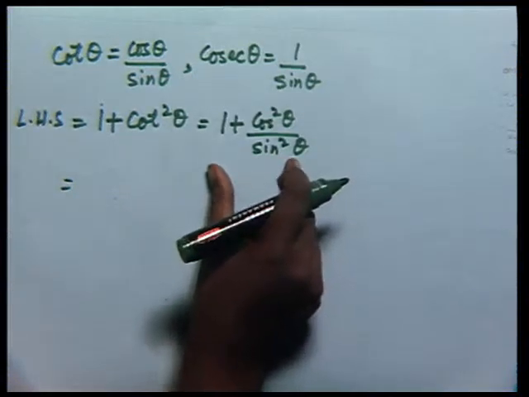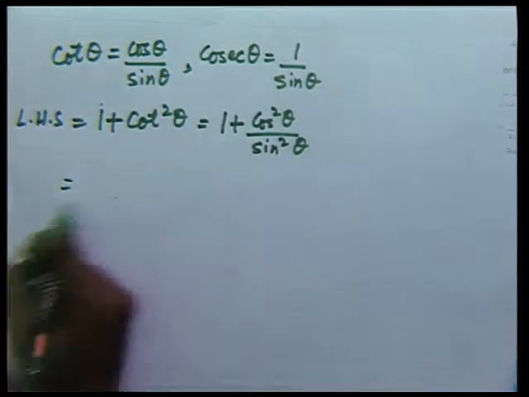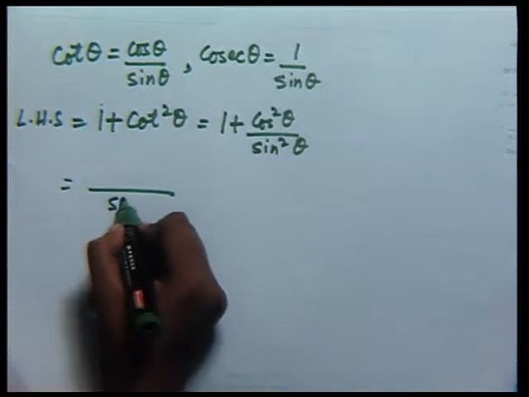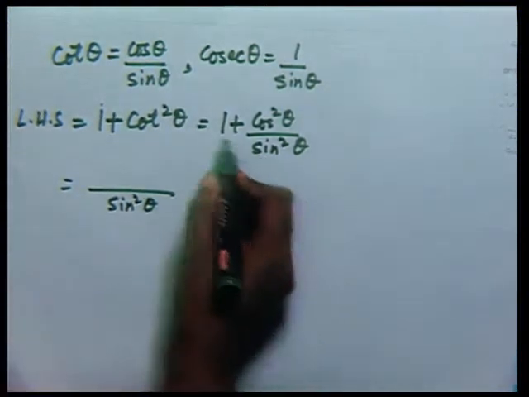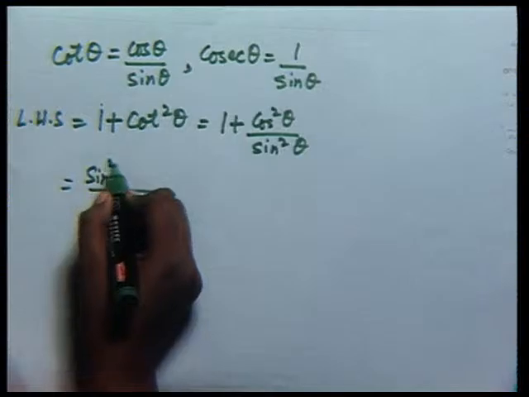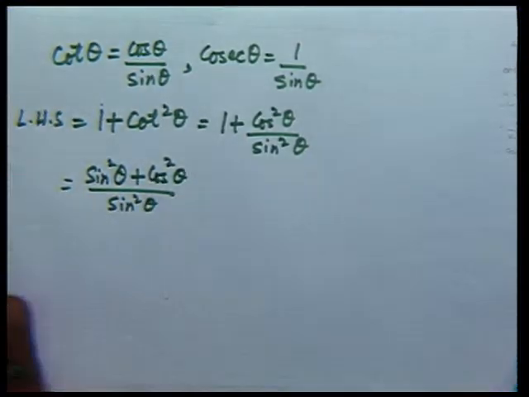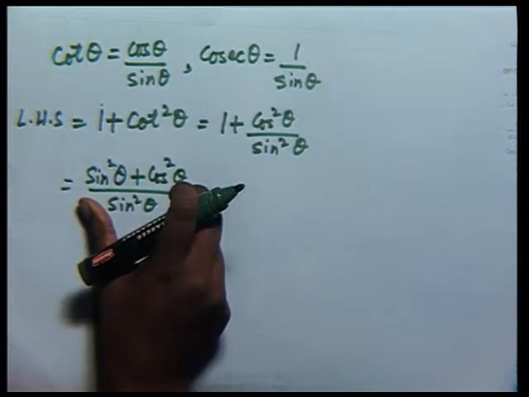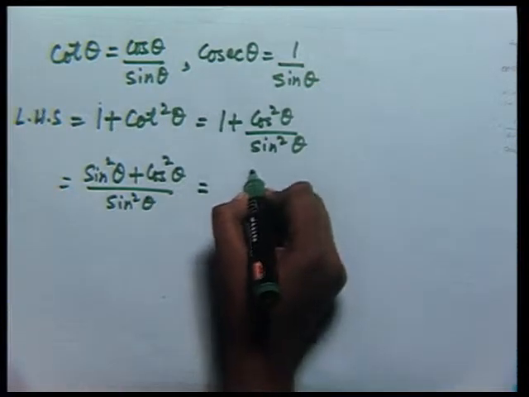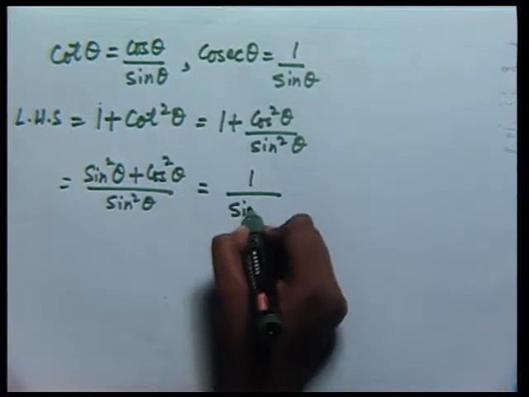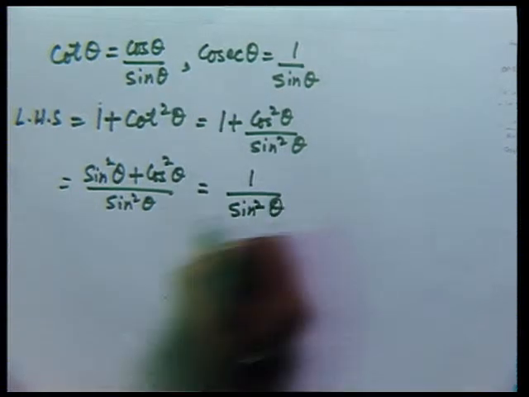Again from here we can take sin square theta as the LCM. So, writing sin square theta here, we get sin square theta plus cos square theta, and we have already proved that sin square theta plus cos square theta is equal to 1, an identity. So, replacing this by 1, we get the expression 1 upon sin square theta.